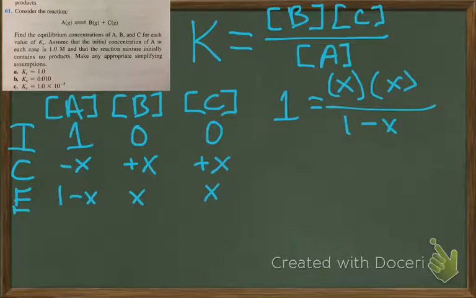Okay, how do I solve for x? And of course, you guys have all taken algebra and gotten your A's, right? We can all algebra. So let's algebra. Let's math it. Anytime I have a fraction, it's nice to get rid of fractions, right? So I'll multiply both sides by the denominator. So 1 minus x equals x squared, x times x.